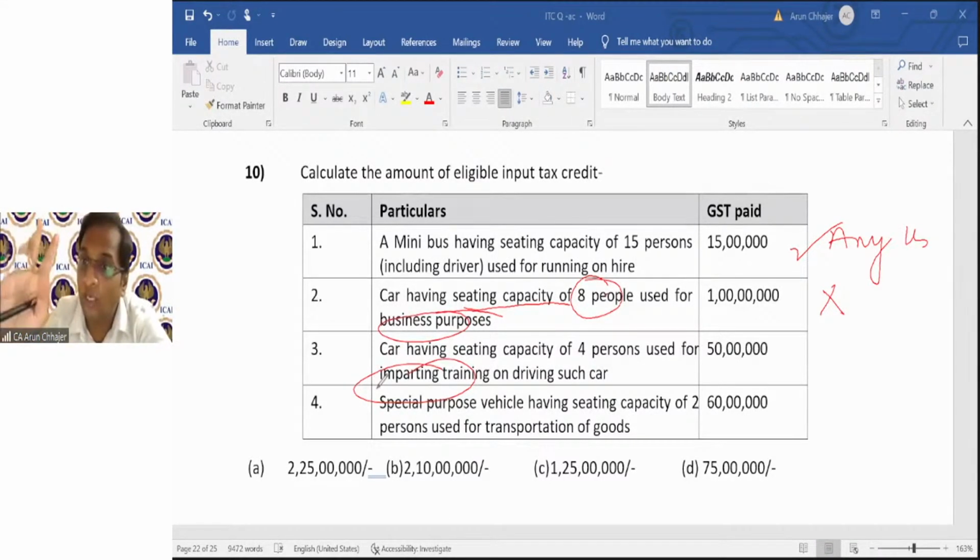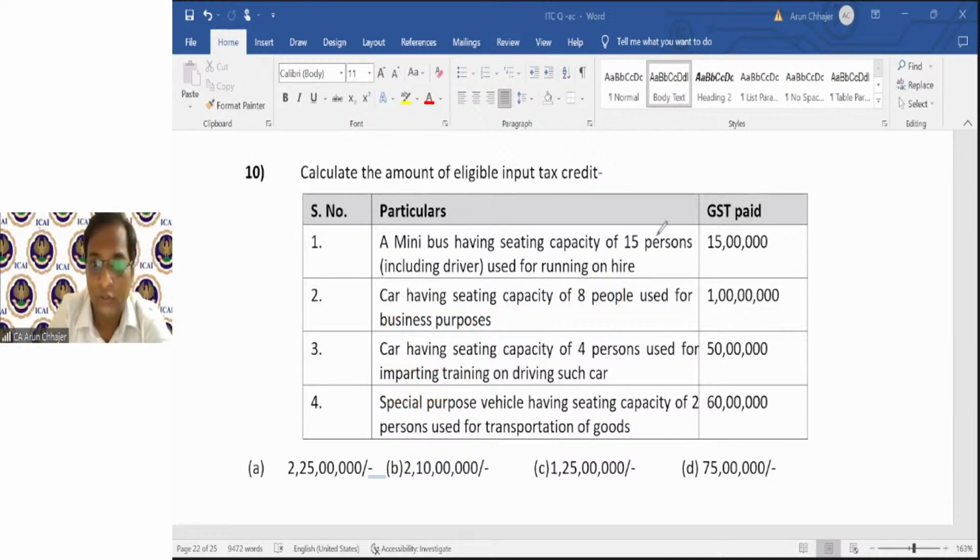In all such cases, you can take the ITC. But if it is less than 13-seater, then even though it is for business, you can't avail the input tax credit. So 15-seater ITC allowed, 15 lakh.